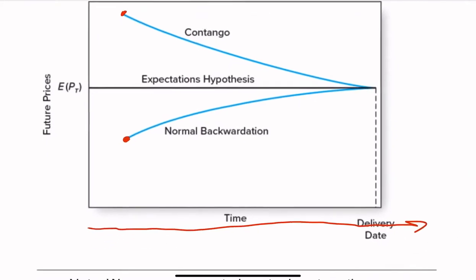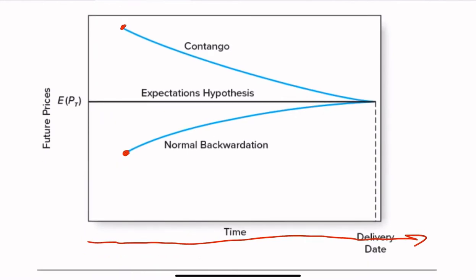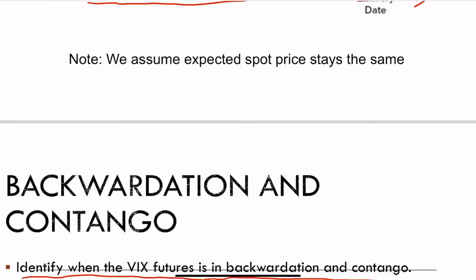This picture says that if you look at a single futures, then in the beginning it would have a lower price if there is normal backwardation, and as time goes, as this single futures gets closer to its delivery date, its price will be higher and higher, right? So this is just a picture about one single futures.